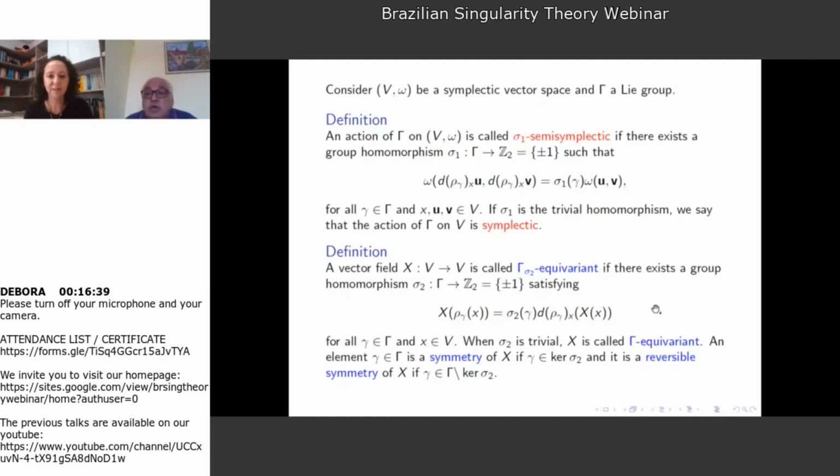Of course, this is the general language that you can put in a more general context, but we decided to be more explicit, because sometimes you could have germs of vector fields that are equivalent in the first sense and not equivalent in the other. But it's normal. It's just what happens.